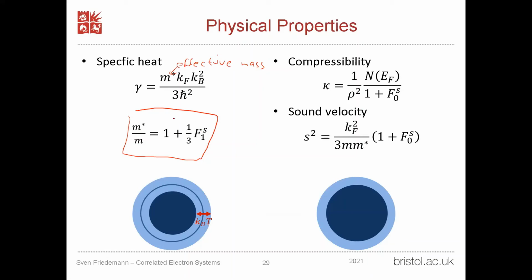So we can see that the effective mass can be enhanced if this coefficient is positive, and that's entirely only because of many body effects in this Fermi liquid theory.